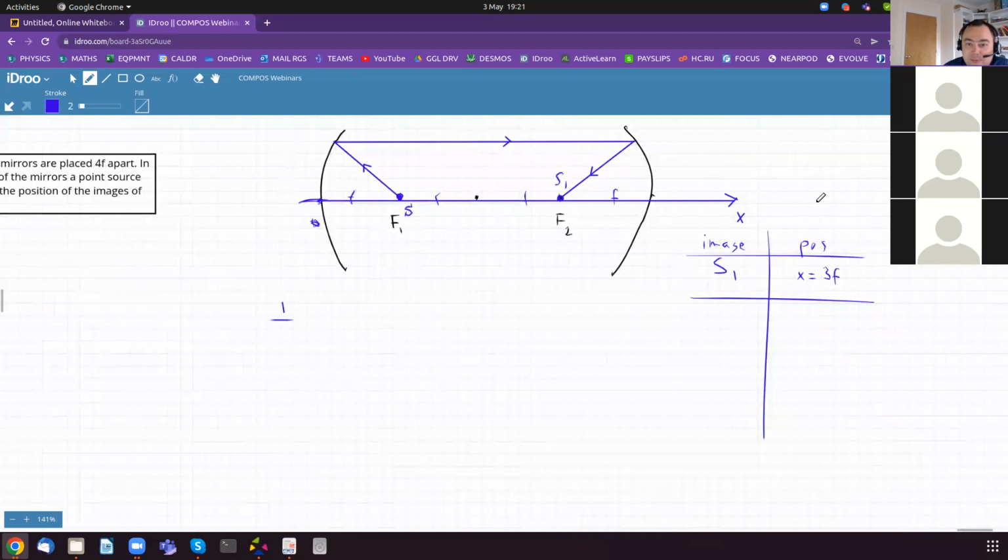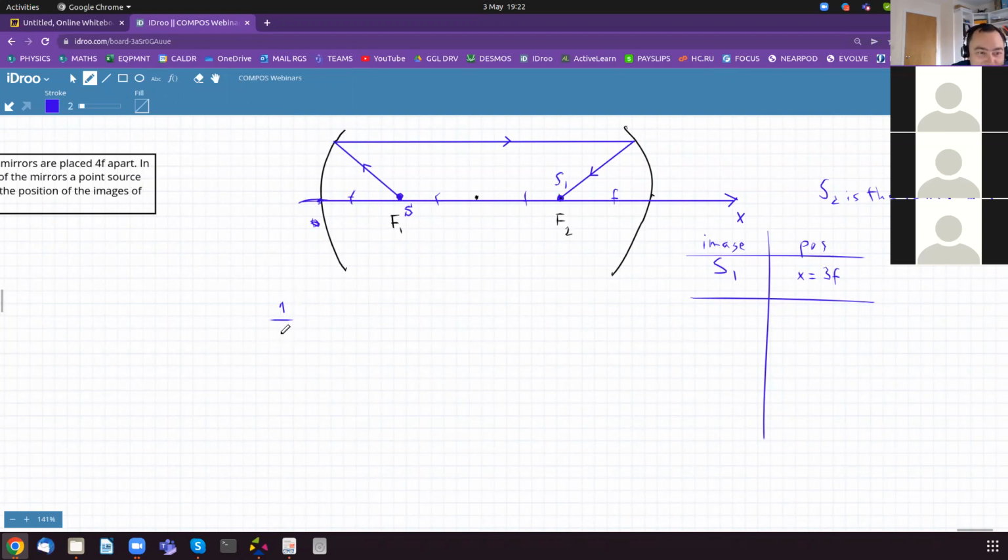So S2 is the image of S1. We can have an image of an image, and more than that, we can have a real image of a real image.